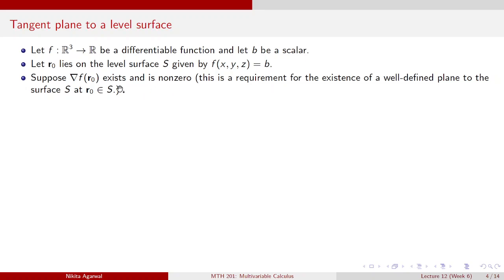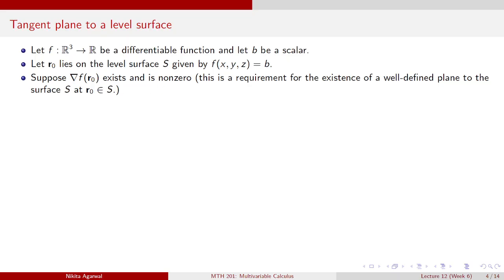So this is a requirement that you will see will be used. So this is a requirement for the existence of a well-defined plane to the surface S at the point R0.